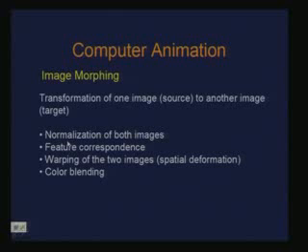Just the way I was talking about topology, here one needs the sizes of the images to be the same. So I need a normalization which will make these two images the same size.